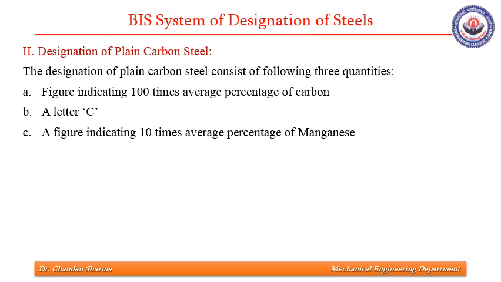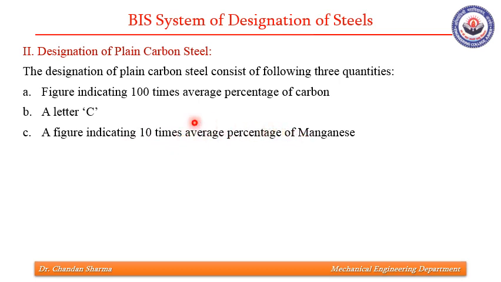Now let us move forward. The designation of plain carbon steel. A plain carbon steel will be designated by first a figure indicating 100 times the average percentage of carbon, then a capital letter C, then a figure indicating 10 times the average percentage of manganese.